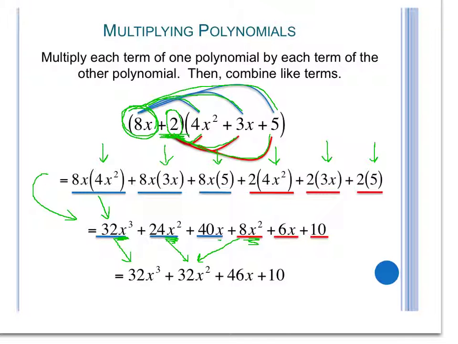Then we also have like terms of x to the first power, and again we need to combine them by adding the coefficients: 40 plus 6 gives us a 46x. And finally we are left with our constant, 10. And our final answer is 32x to the third plus 32x squared plus 46x plus 10.